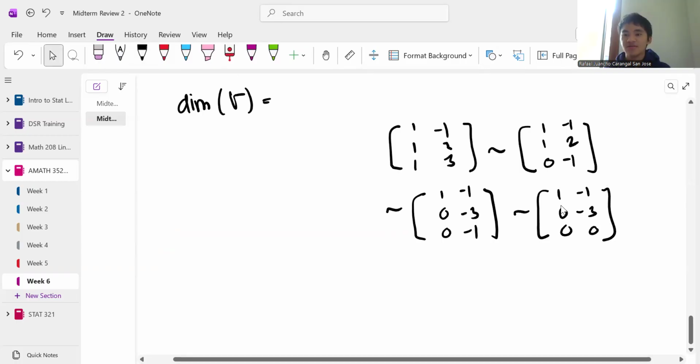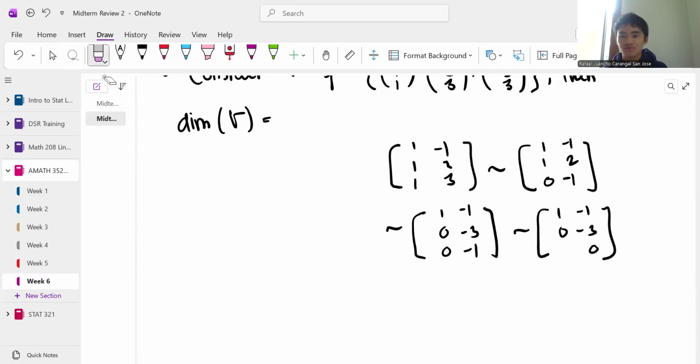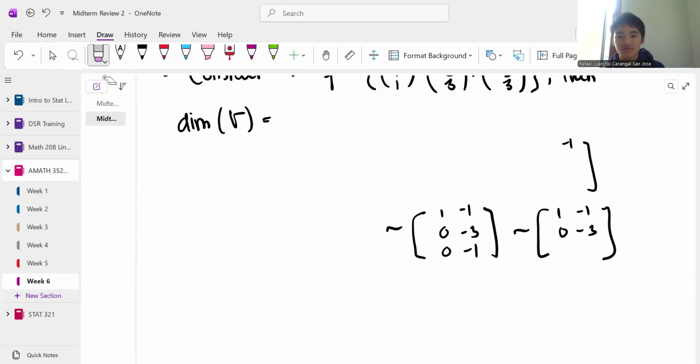And from here we can see that they are linearly independent because there's a pivot in every column. But there's no pivot in every row, so they don't span R3. In fact, if we take out this row, they actually span R2. So this spans a line.